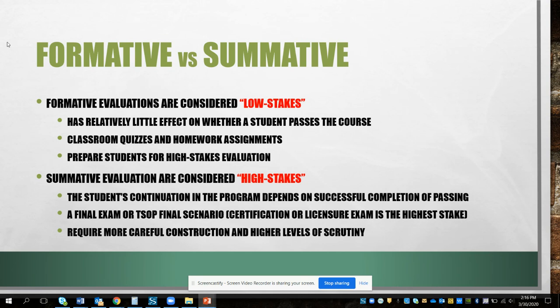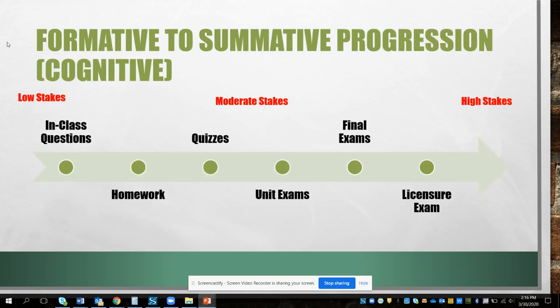These do require a lot more careful construction, so we've got to be careful with how we write these. A certain number of people have to sign off on these scenarios and exams. You have to have the right type of person to evaluate. You've got to have everything you need to run through that scenario or the right amount of time allotted for the exam. There's a lot more scrutiny on these high stakes or summative evaluations.